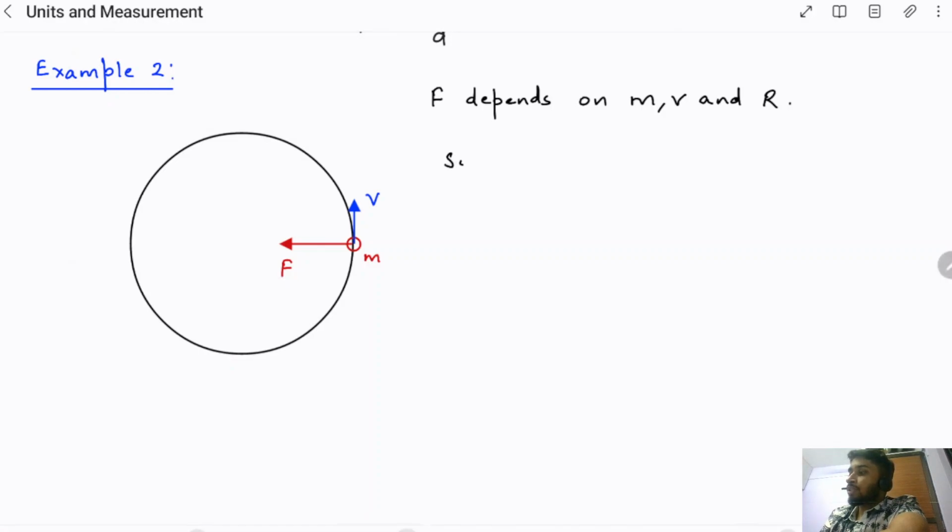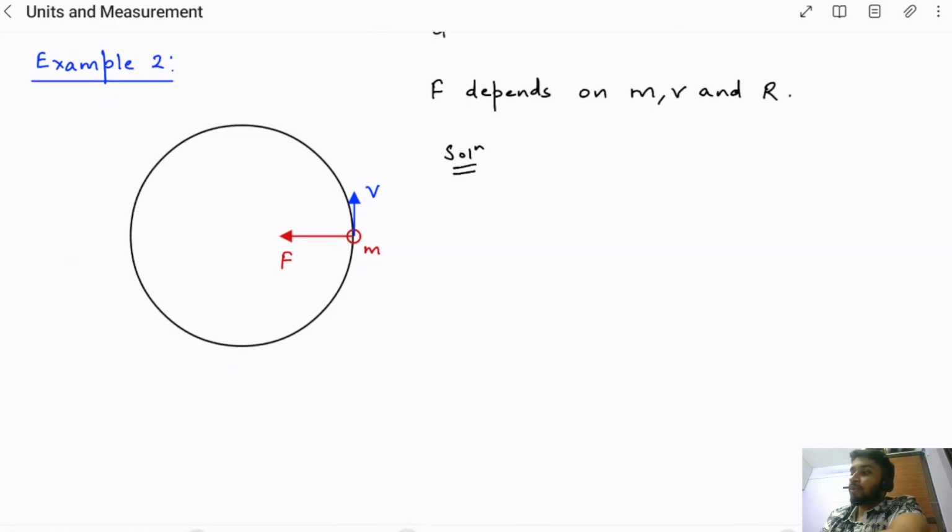So the first step that we do is, we know that force will be depending on mass, speed and radius, but we do not know how exactly it will be depending, meaning what will be the powers of mass, speed and radius to which the force will be related. So the main goal here is to figure out the powers itself.